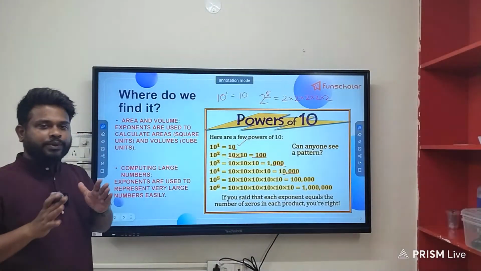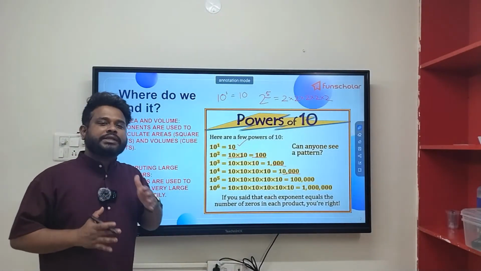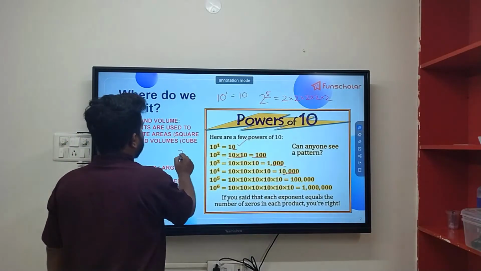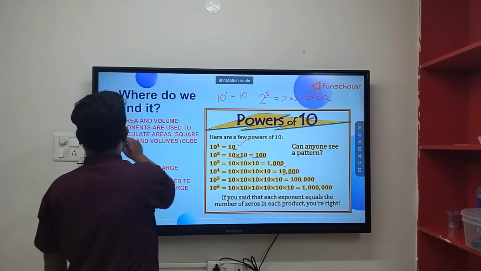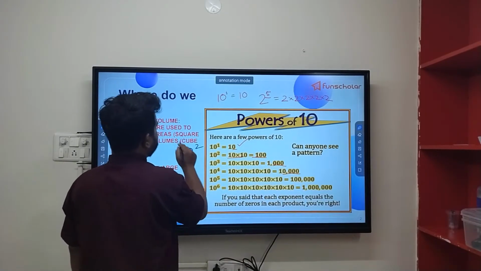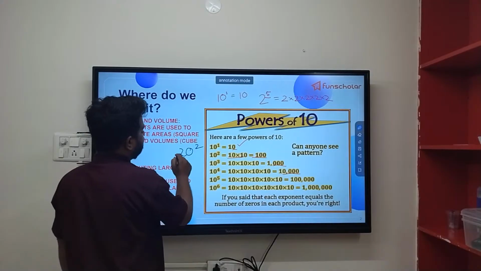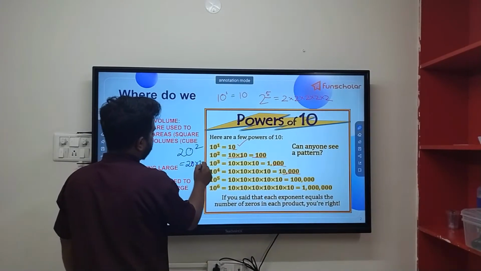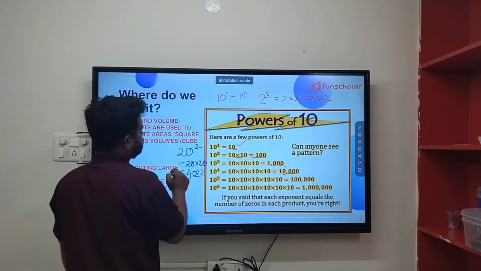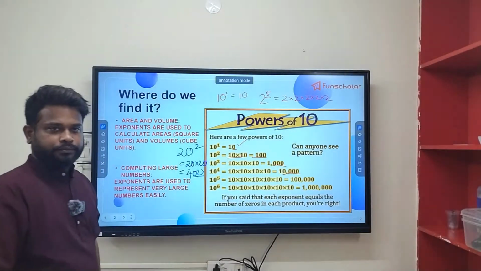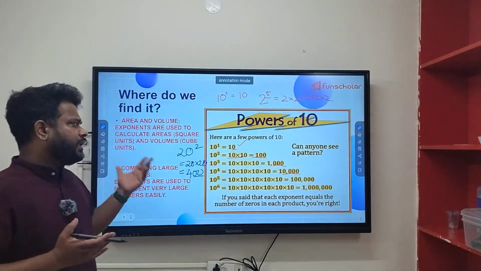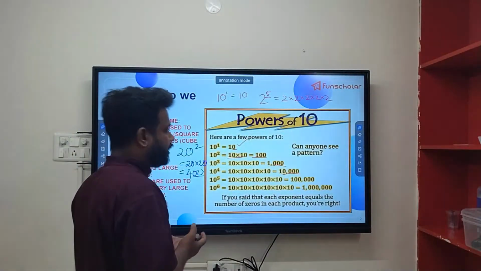From this we get to know that it's easier to calculate numbers having zeros. If I write 20 square, then this will be 20 into 20 and the answer will be 400, where there will be 2 zeros and 2 square is 4. These are all fun facts, and this will be beneficial for solving mental maths.